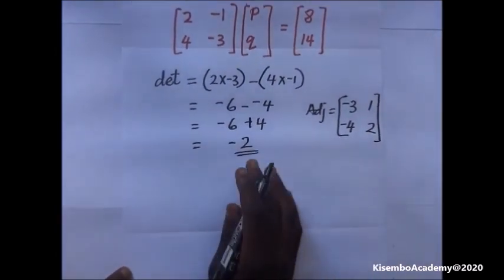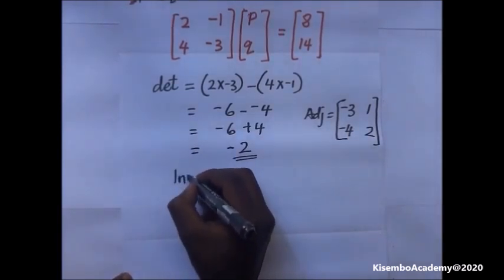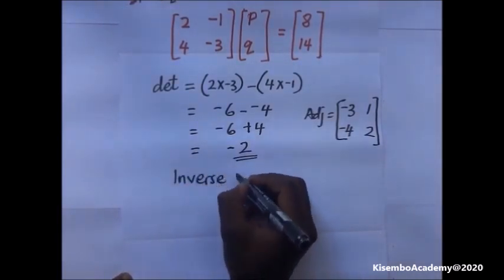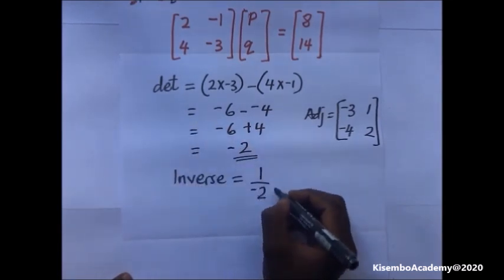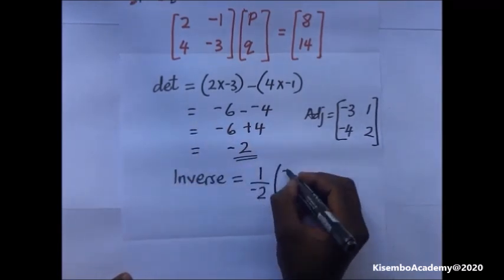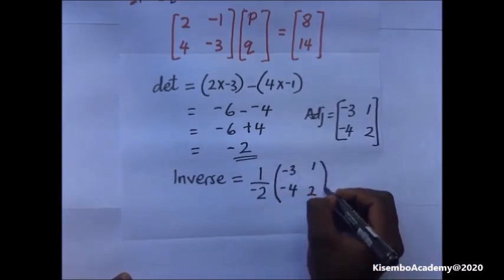So it means that the inverse of the matrix is going to be 1 over determinant, which is -2, times the adjoint, which is -3, -4, 1, and 2.